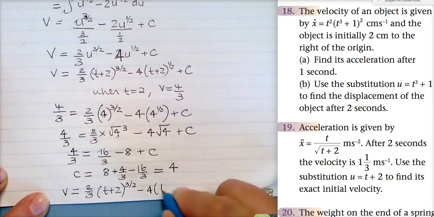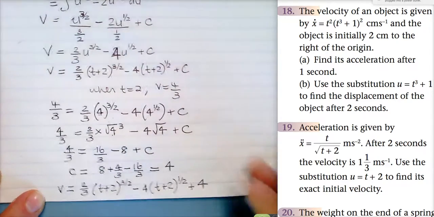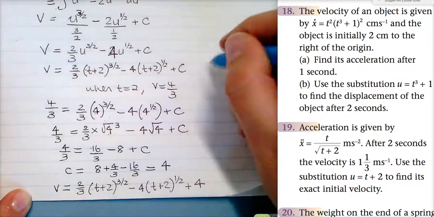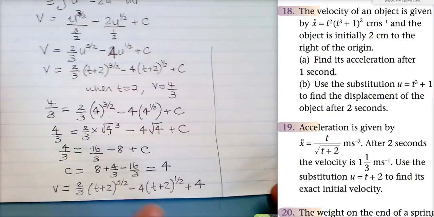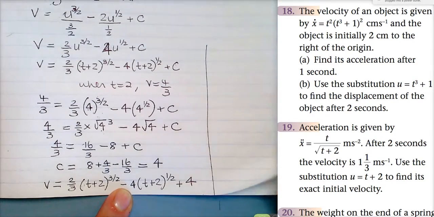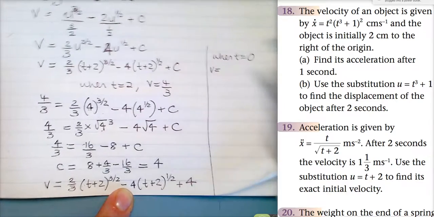Minus 4 t plus 2 to the half plus 4. There's your formula. Now you can answer the question. Find the initial velocity. Last part of the question. When t equals 0, you find v.